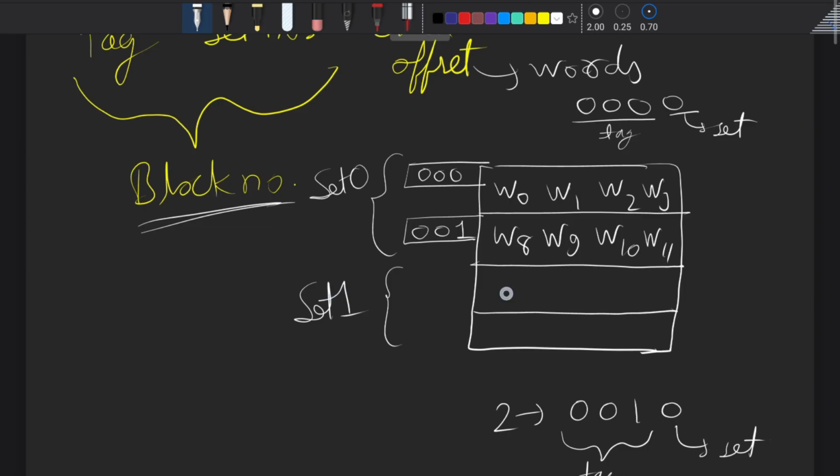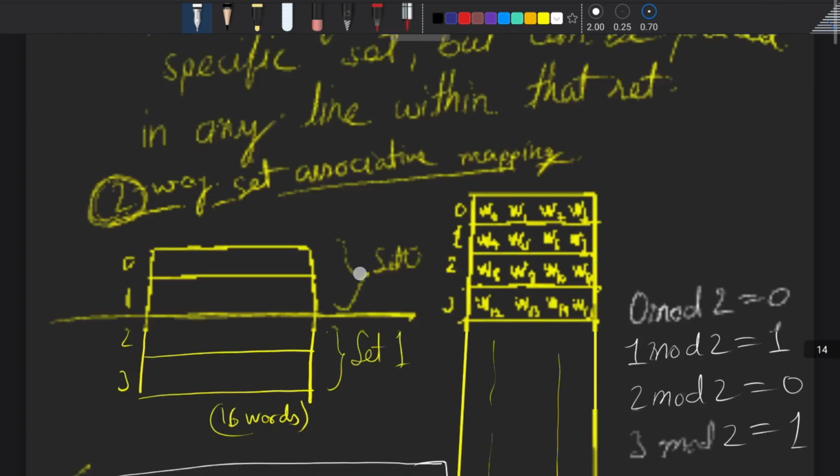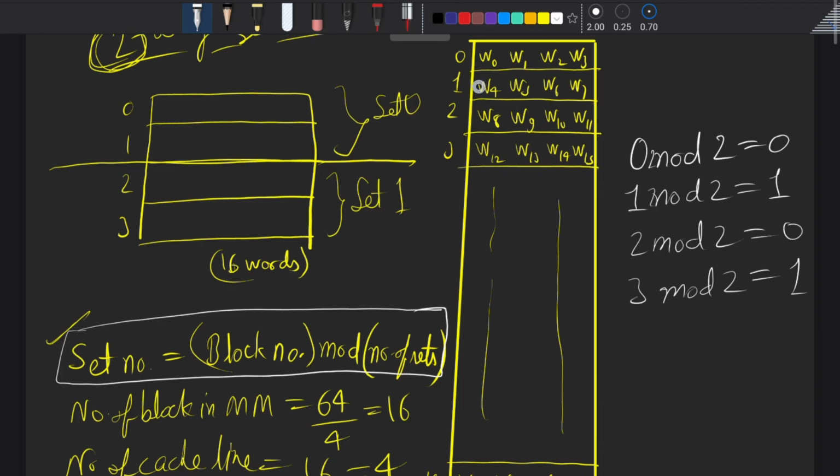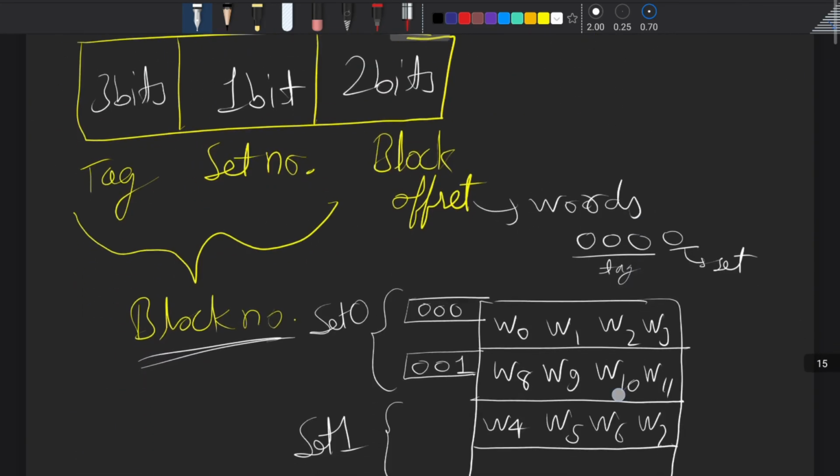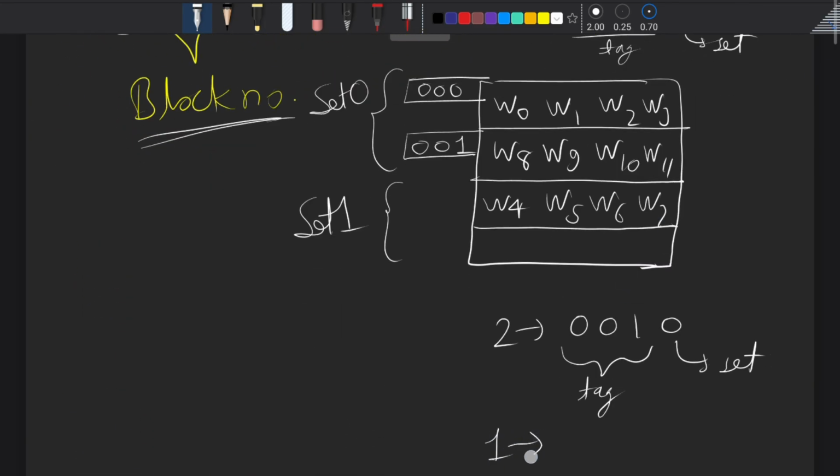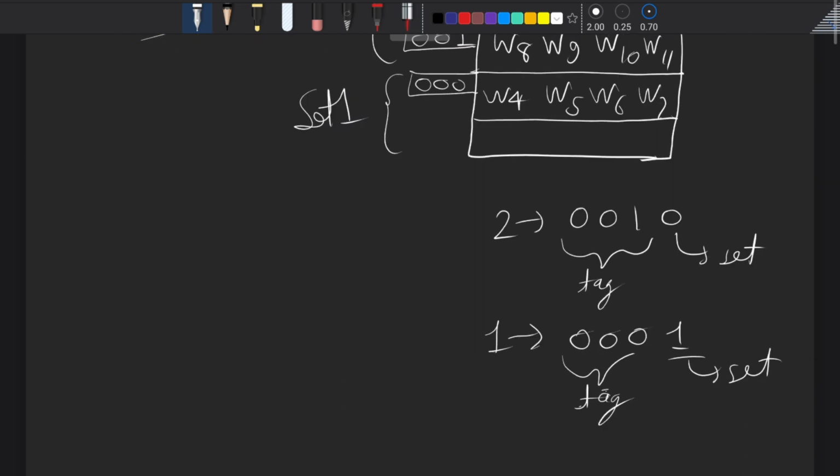Now let's move to set 1. We have the 4th word, 5th word, 6th word and 7th word. From the main memory you can see that this belongs to block number 1. And how do we represent block number 1? We represent it like this. Here this is the set bit and these are tag bits. So we will represent the tag bits here and we have the set bit here.